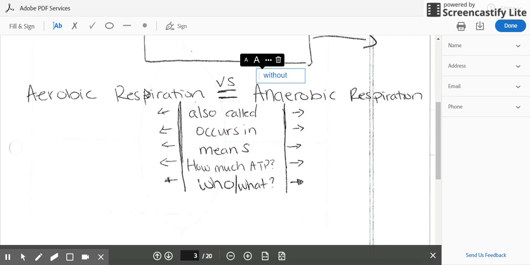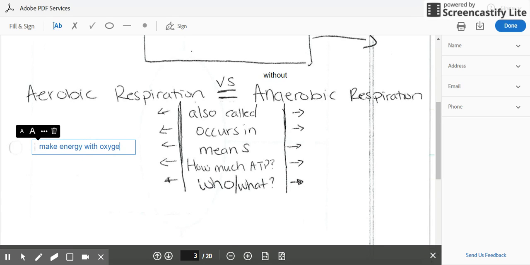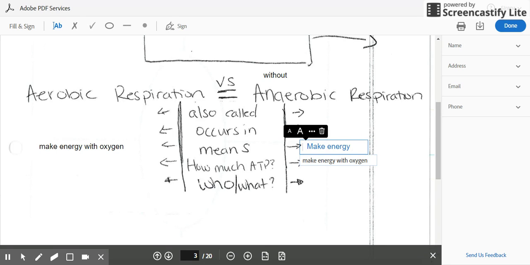So aerobic respiration is when you can make energy with oxygen. And anaerobic respiration, anaerobic was without. So this is when you can make energy without oxygen.